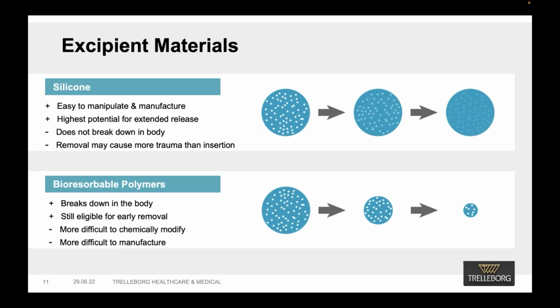So there are certainly some advantages there. Some of the downsides or considerations with these materials are that it's a little bit more difficult to chemically modify, and there are more challenges from a manufacturability standpoint. So depending on what the system requires, that will typically drive us towards the best approach.